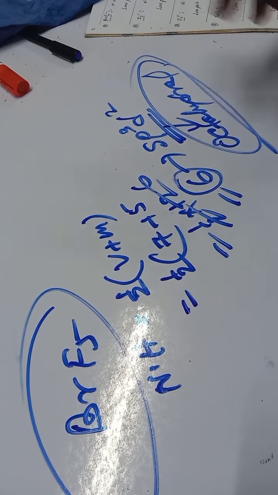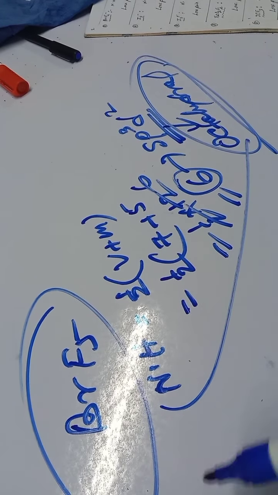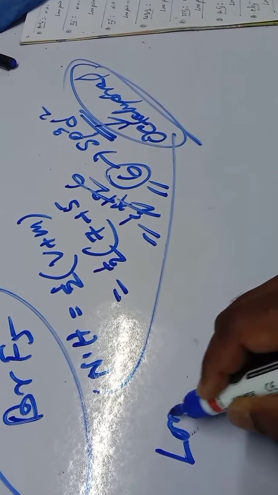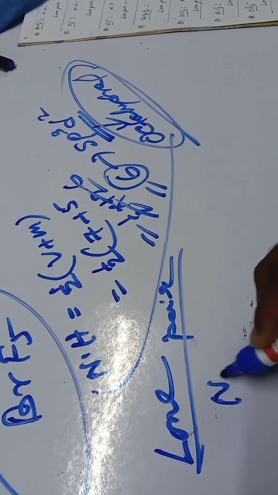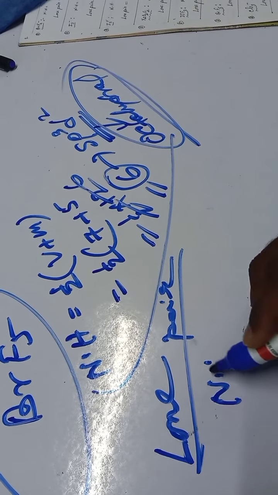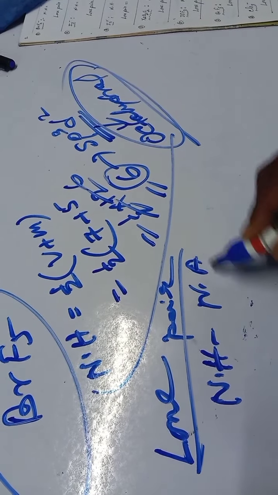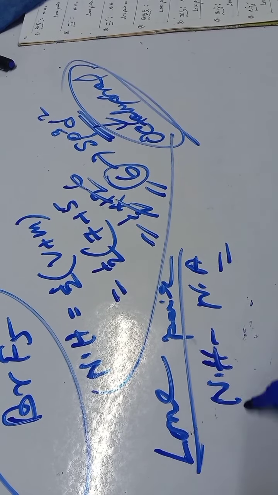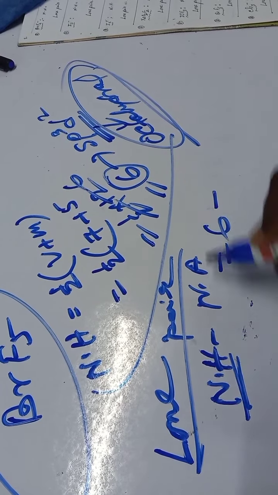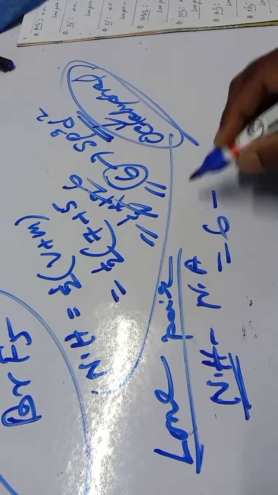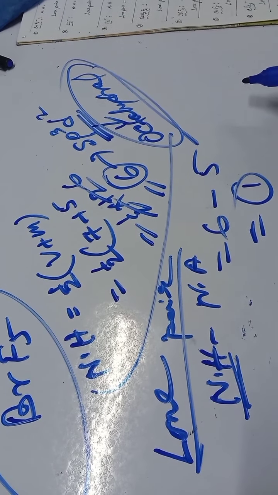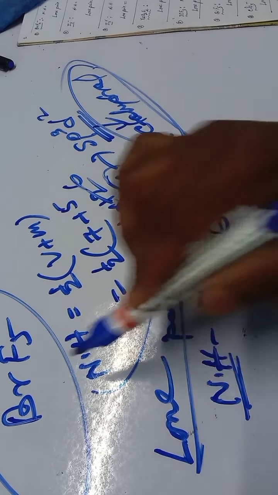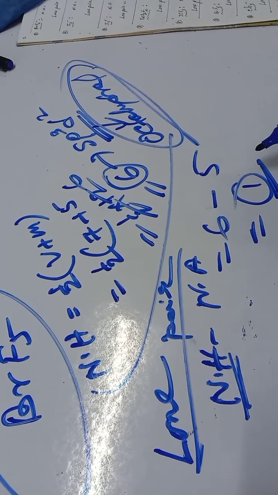Okay, my dear viewers, the number of lone pair: NH minus NA, NH means 6 minus NA 5, that is 1. The number of lone pair for this species is 1.